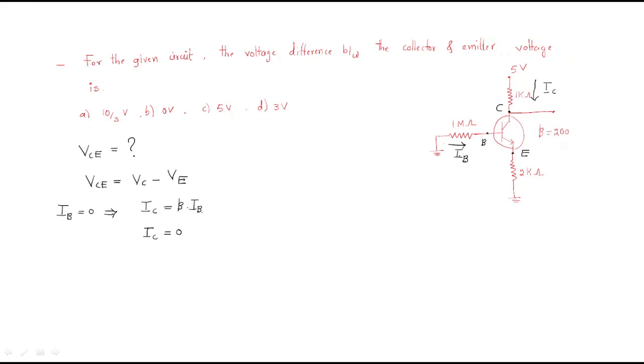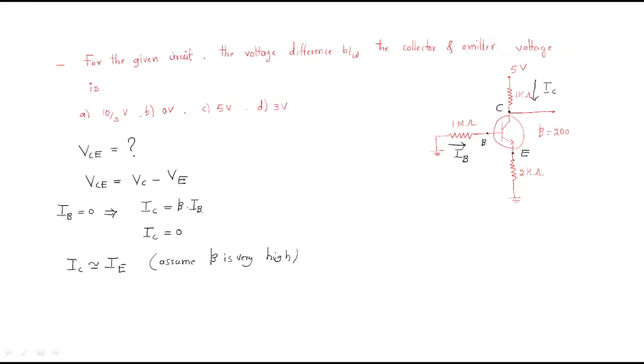The base current is 0, and beta is not given, so I assume beta is very high. In that case the collector current is approximately equal to the emitter current, we know that.